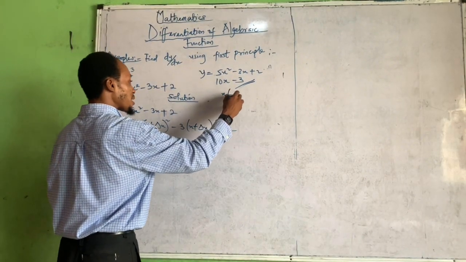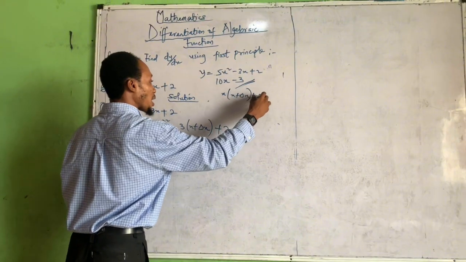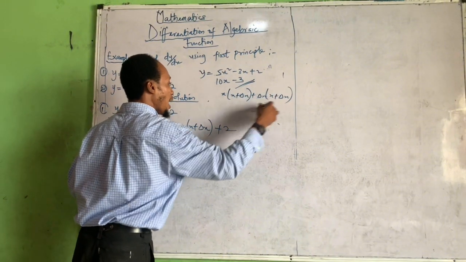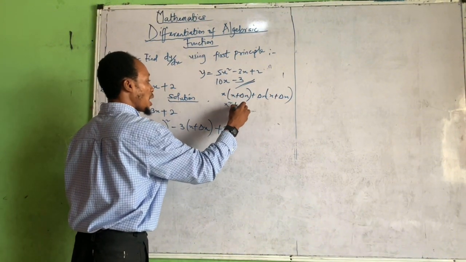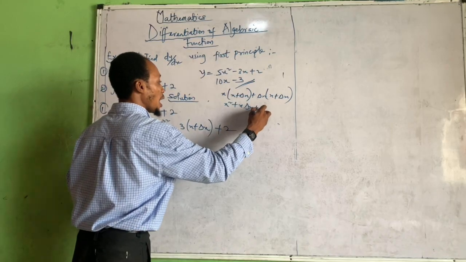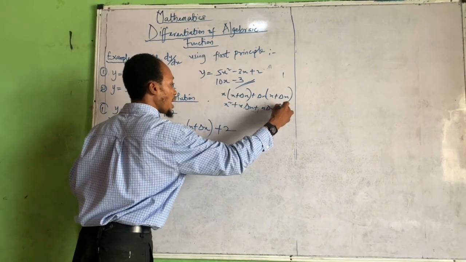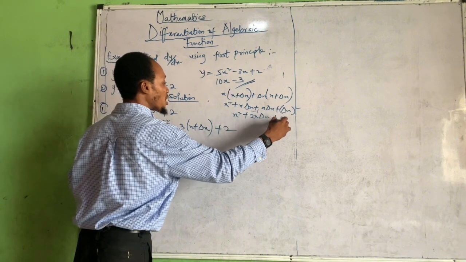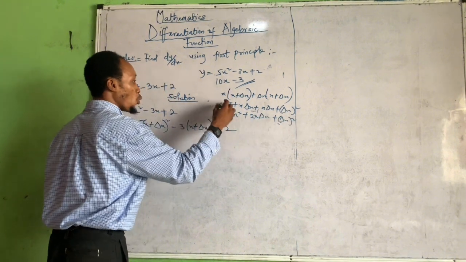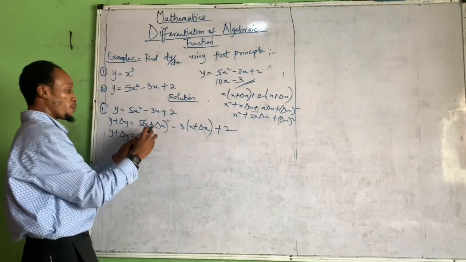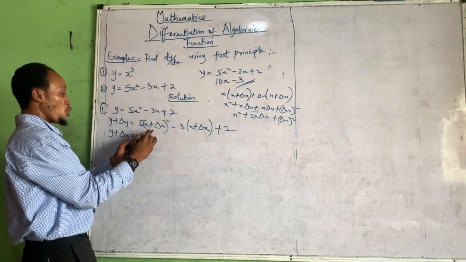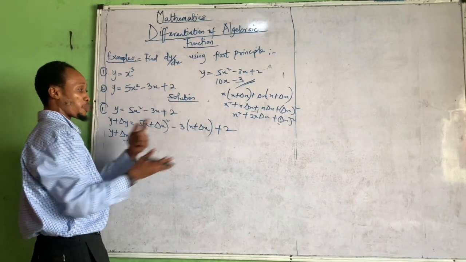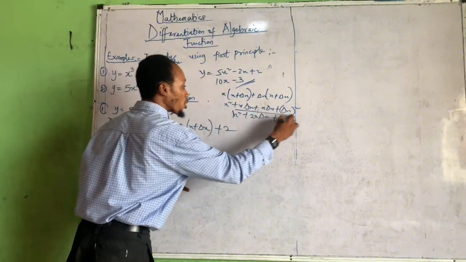x open bracket x plus delta x, plus delta x open bracket x plus delta x. So we have x squared plus x delta x plus x delta x plus delta x all squared, which is x squared plus 2x delta x plus delta x all squared. So when we expanded this one, remember in the last video, in the last example, when we expanded this one 2 times before we use it to multiply it again, this was what we got.